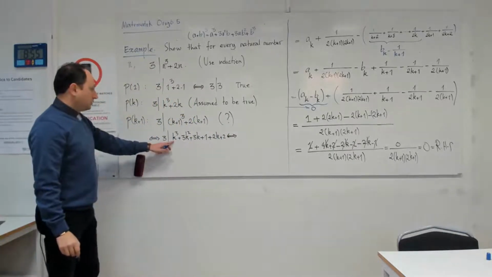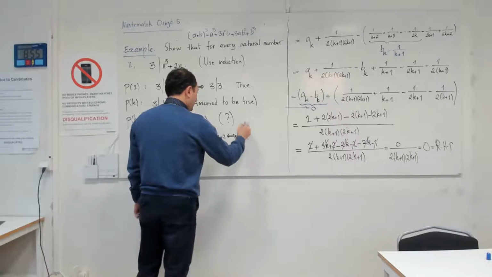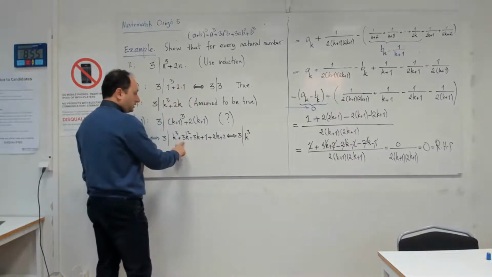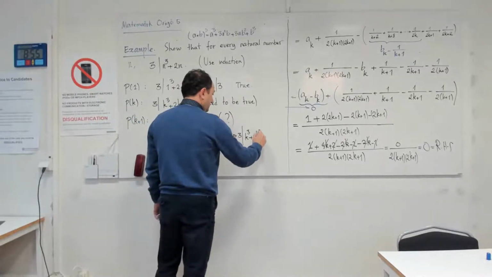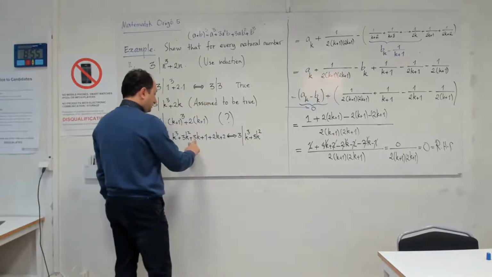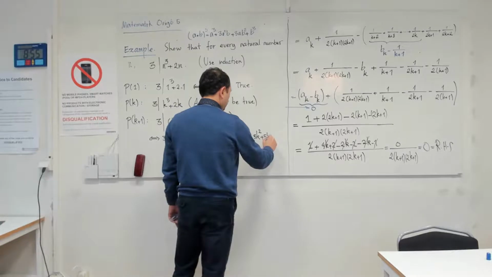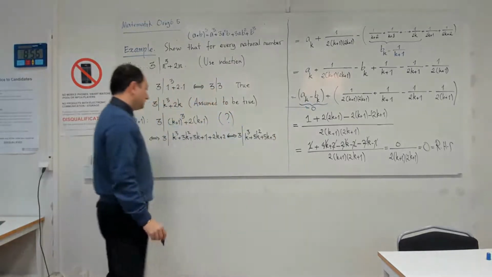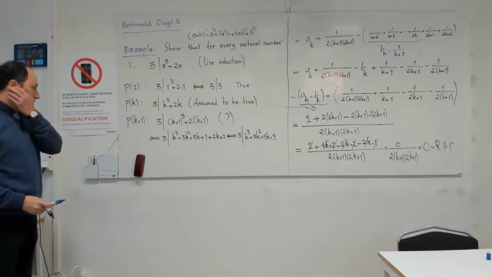So k^3 is alone, so it becomes 3 divides k^3. And then I have 3k^2, that's also alone. So 3k^2, and then I have 5k plus 3. So k^3, 3k^2, 5k plus 3.